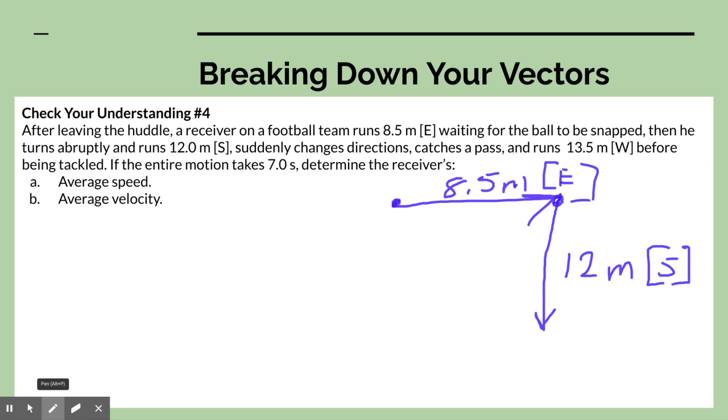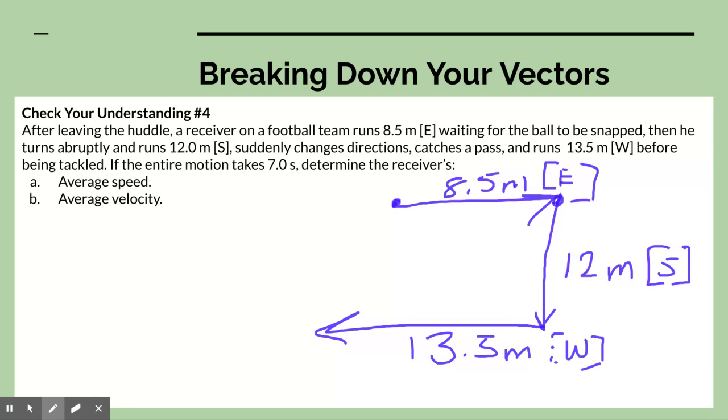Suddenly changes directions, catches a pass, and runs 13.5 meters west before being tackled. If the whole entire motion takes 7 seconds, determine the receiver's average speed and velocity.